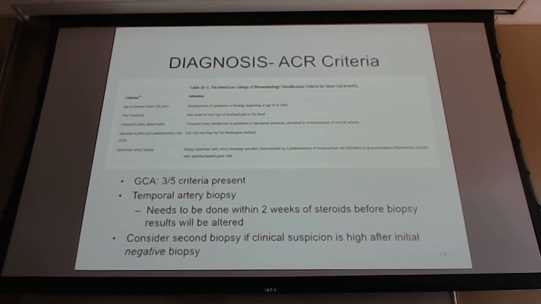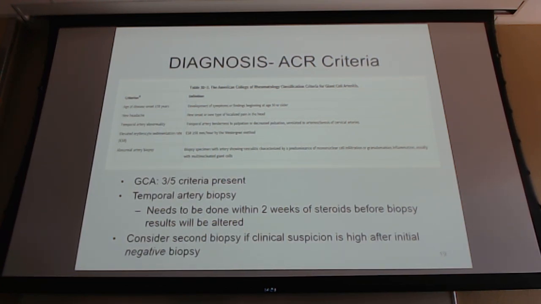As stated there. So on this chart, we're talking about the age, we're talking about the new headache, we're talking about that temporal artery, we're talking about abnormal artery biopsy. But you can see there, an ESR greater than or equal to 50 millimeters per hour is part of the criteria.